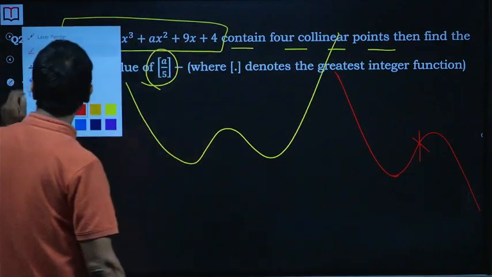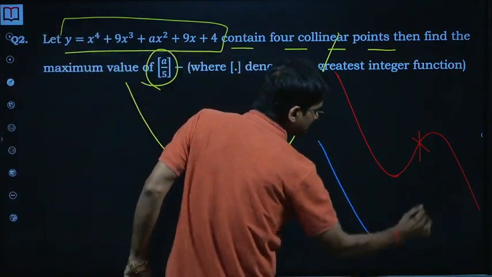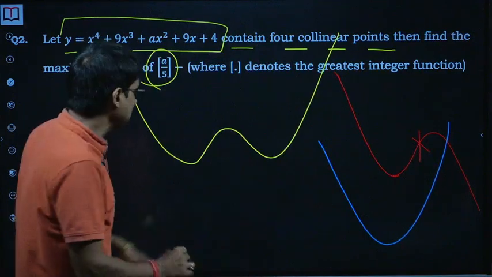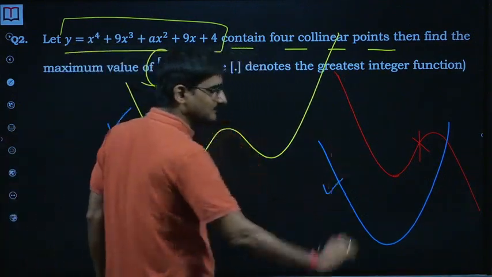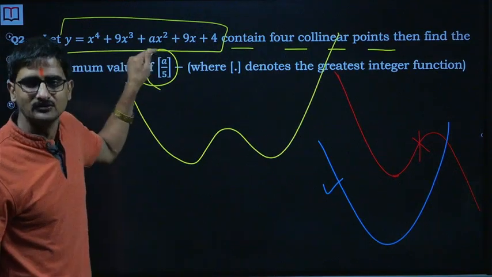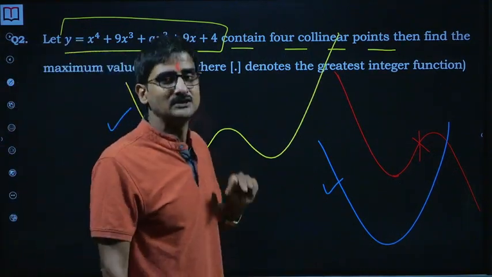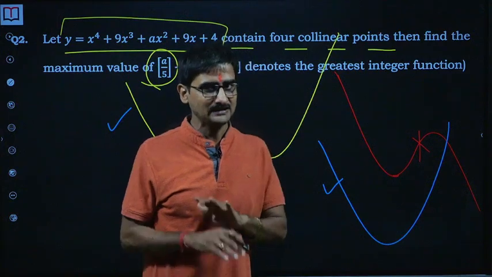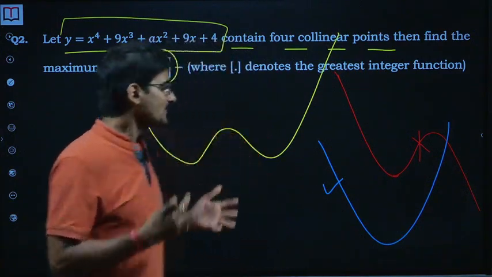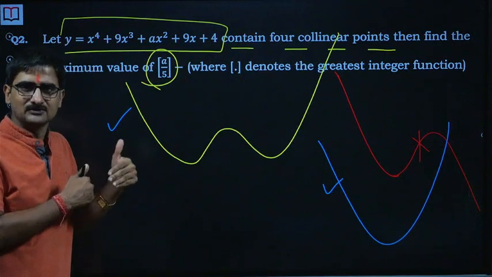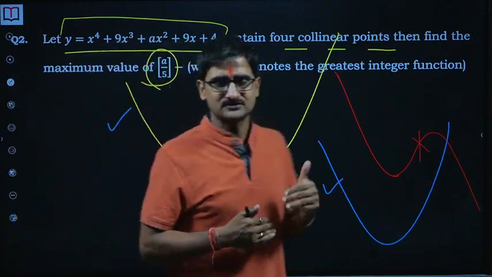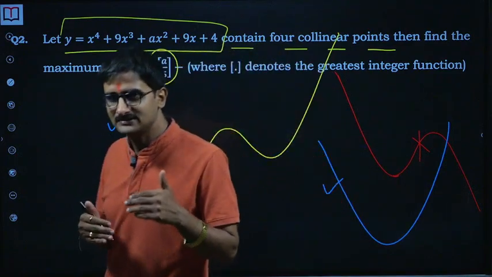So the only other possibility is that it takes only 1 turn. So these are the 2 possible curves for any such 4-degree polynomial with positive leading coefficient. I think that's clear to everyone. Now, when I was trying this question earlier, it came to me as a doubt.